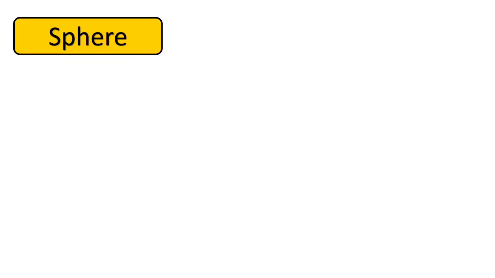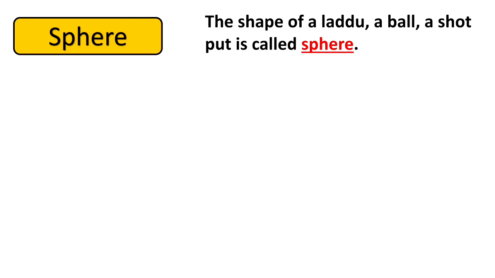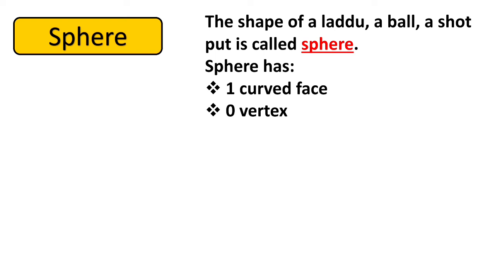Sphere. Sphere means the shape of a laddu, a ball. A shot put is called a sphere. A ball is in the shape of a sphere. Laddu, which you also eat at home, is also the shape of a sphere. A sphere has one curved face, zero vertices, because in a ball, if you see the figure, there is no vertex.